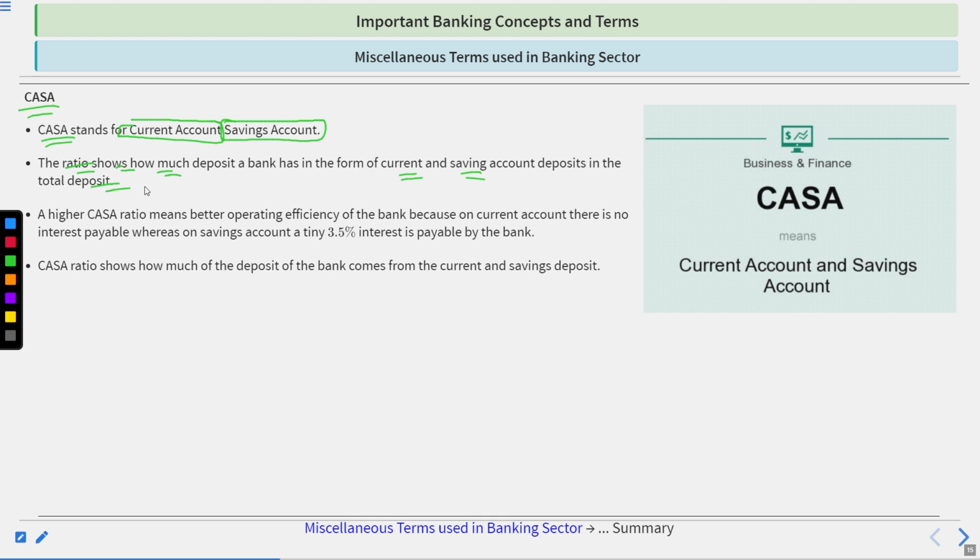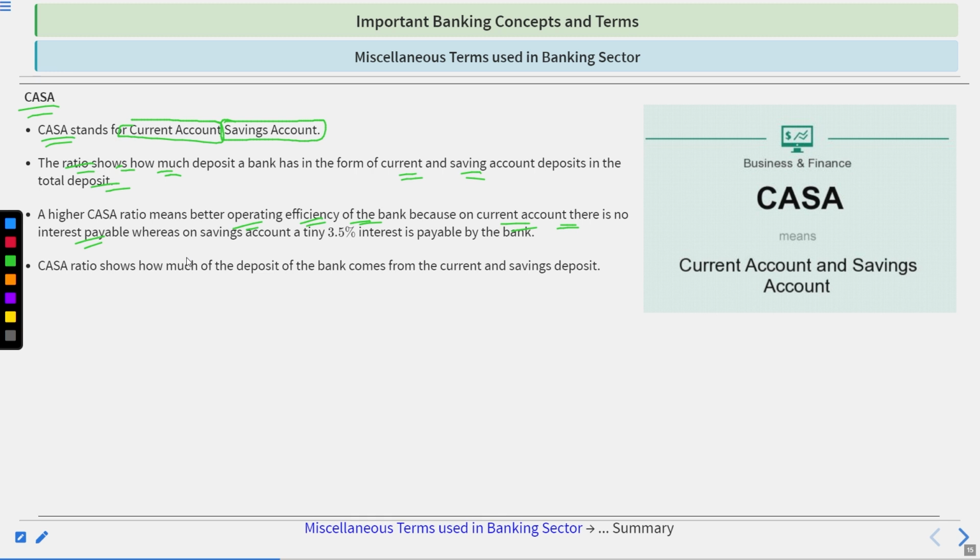All right. So if the CASA ratio is higher, it means the bank has better operating efficiency because on current accounts there is no interest payable. Okay. It means the bank is only earning from the customers and not obliged to pay the depositor.